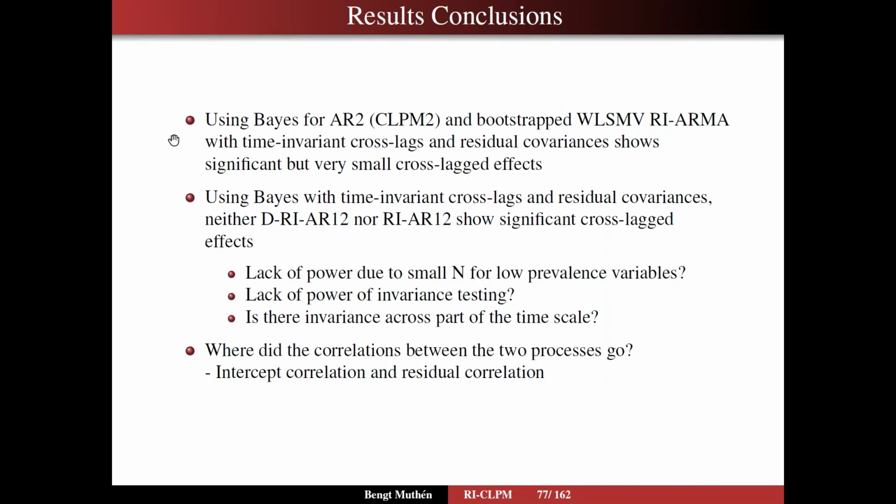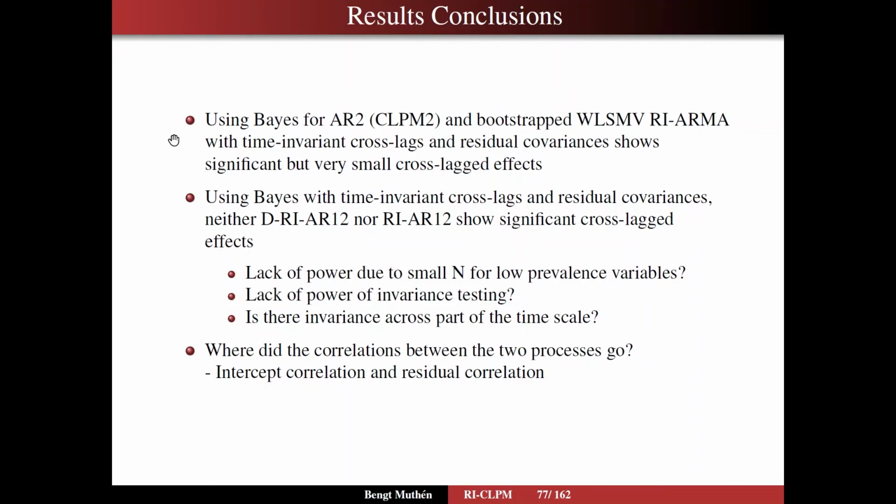So here are the conclusions on slide 77. Using Bayes for AR2 for the CLPM2 model and Bootstrap WSMV RI-ARMA with time-invariant cross-lags and residual covariances shows significant but very small cross-lagged effects.